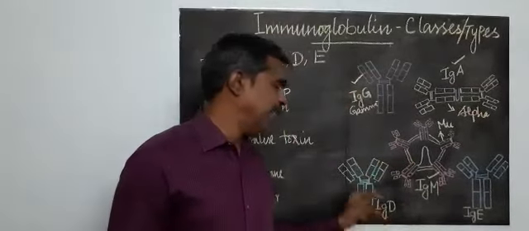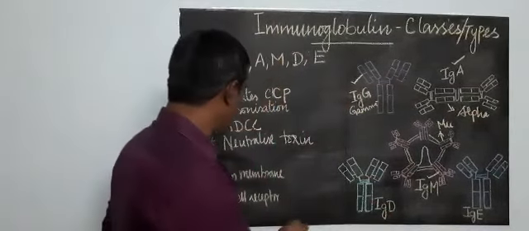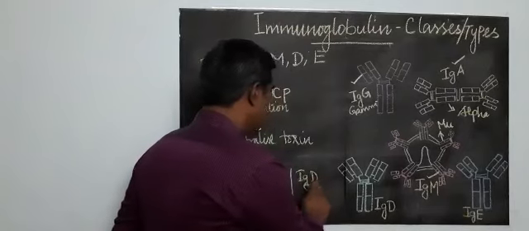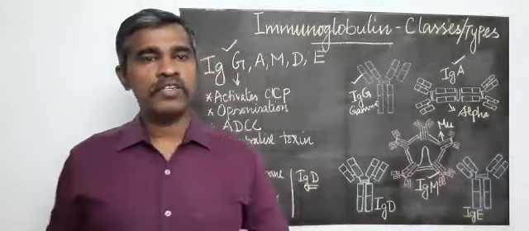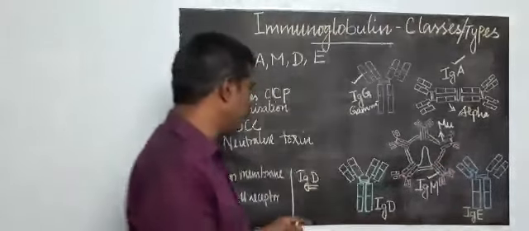Next is IgD. IgD is also present on the cell surface. It is also acting as a cell surface receptor on B lymphocytes.